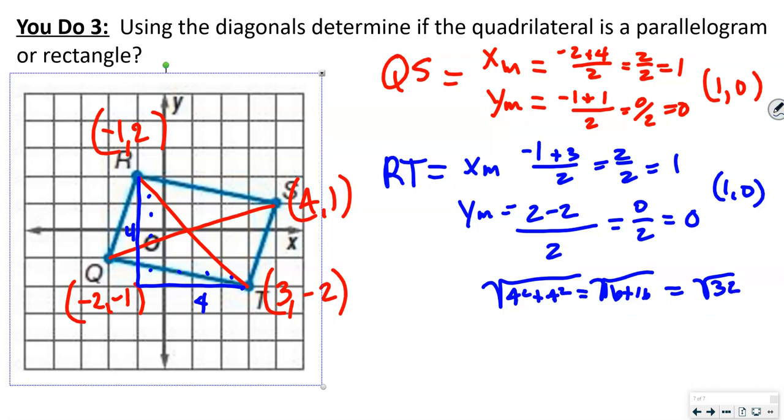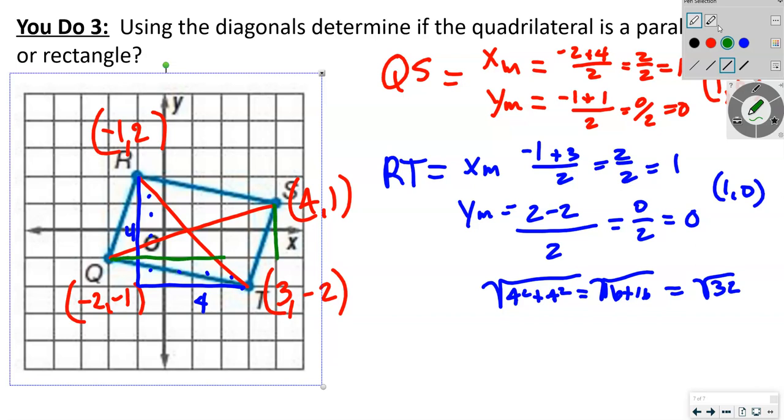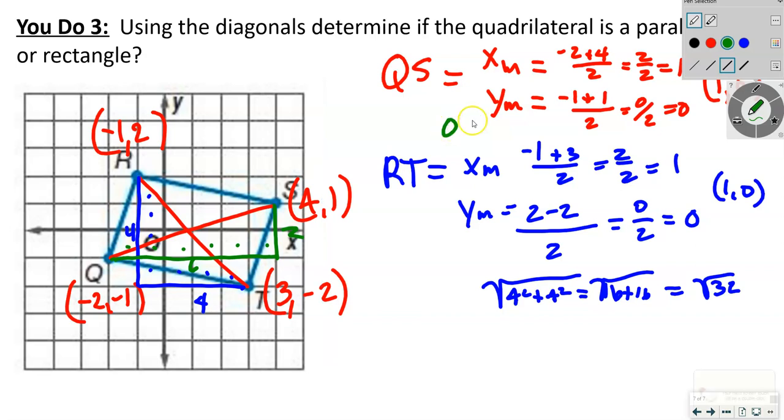Now I'm going to do it in green so it looks a little different. Here again, we're going to go down and over. This is 2 tall and 6 wide. So for QS, it's the square root of 2 squared plus 6 squared, which is the square root of 4 plus 36, the square root of 40.